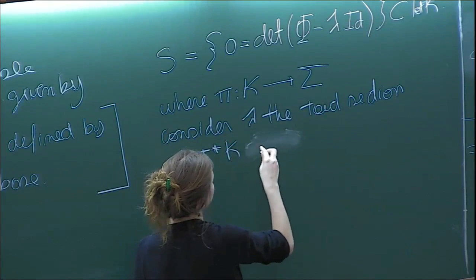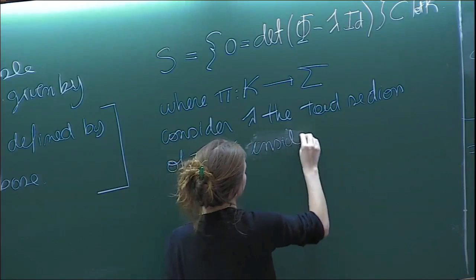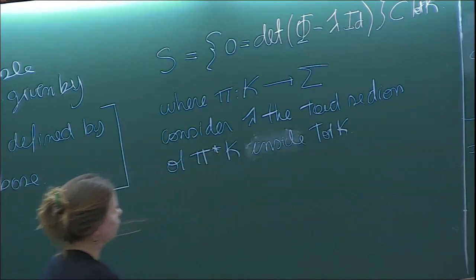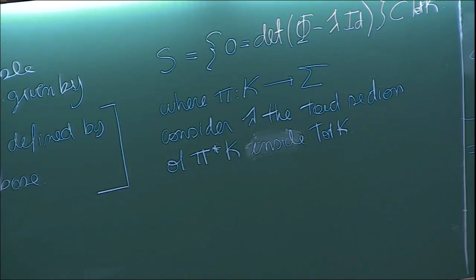So you have a line bundle and its projection to your Riemann surface. You pull back that line bundle to the total space, and you have a tautological section, the evaluation map. That's the map that you're going to put there.